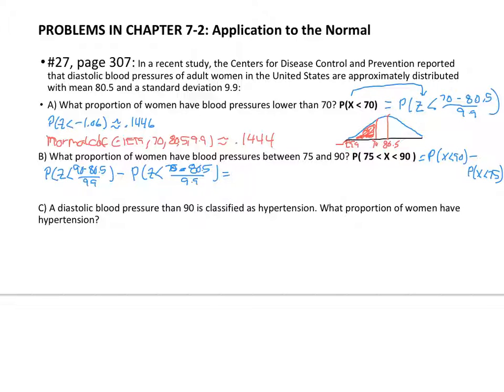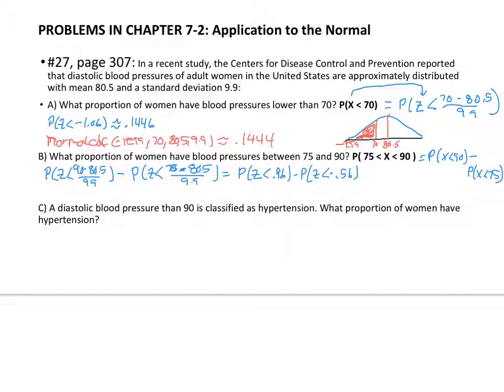When we do the calculations, we end up with the probability that z is less than 0.96 minus the probability that z is less than negative 0.56. So we have to look those up on the z table.